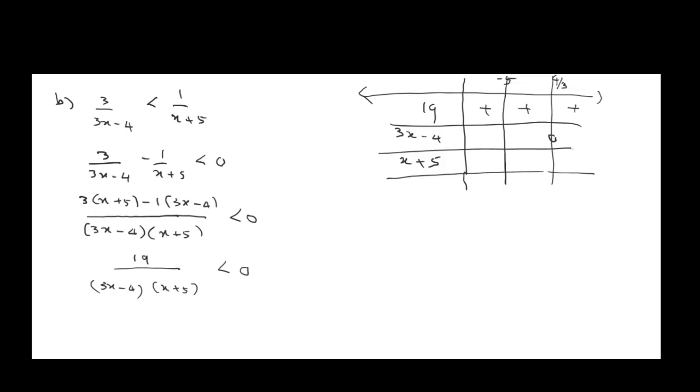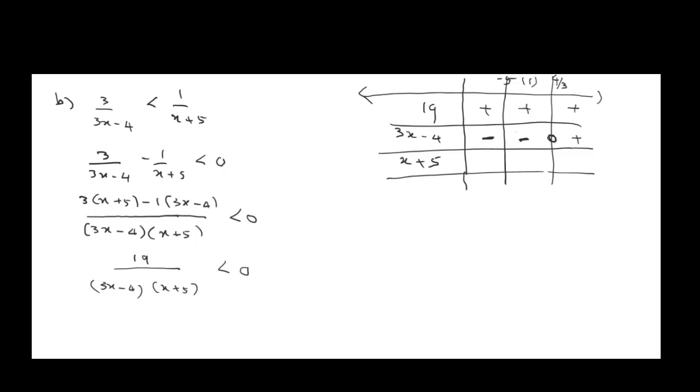And then we are going to find the sign in each interval. Okay, so here we are going to use 1. 1 is in the second interval. Okay, 3 times 1 minus 4 is negative. So this is the 0 for this expression. So that means on the left side negative, on the right side positive.